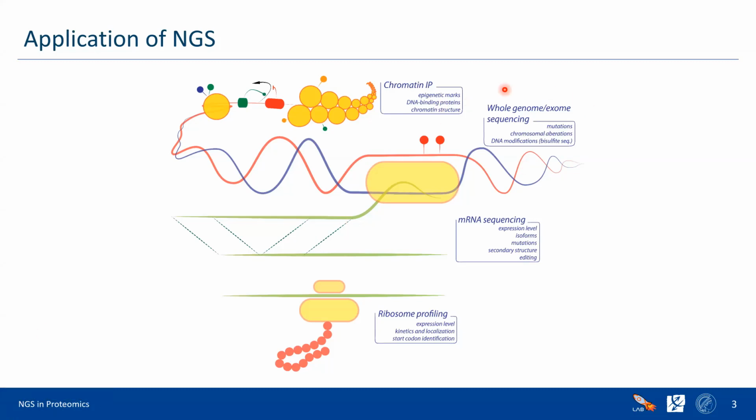Whole genome and exome sequencing allows us to find mutations, like driver mutations and passenger mutations in cancer samples, and also helps to understand genetic populations and so on. From another point of view, there's also expression information which we can retrieve from NGS, and this is mRNA sequencing. And that's not just the expression level.